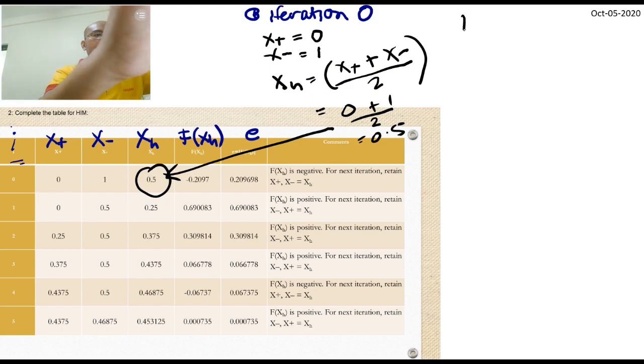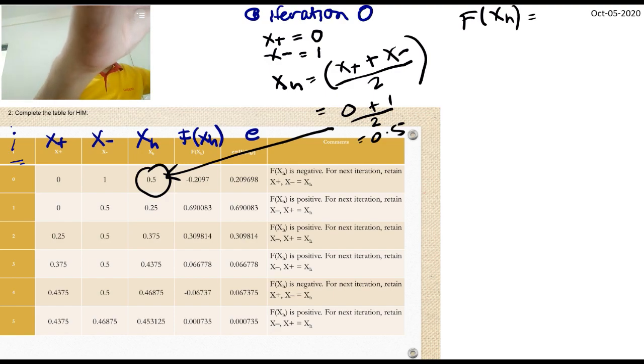So this value of x sub h here came from this solution. And we will substitute the value 0.5. So what is our equation then?